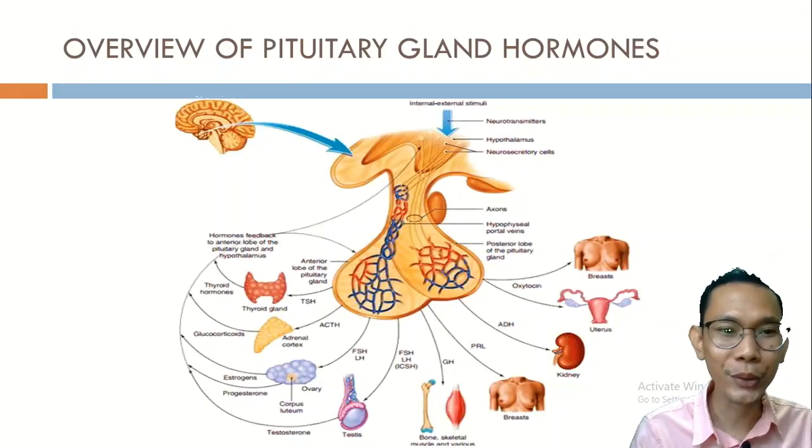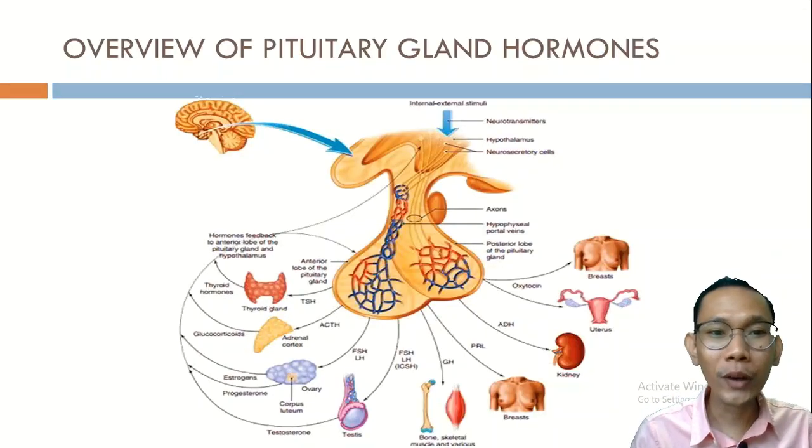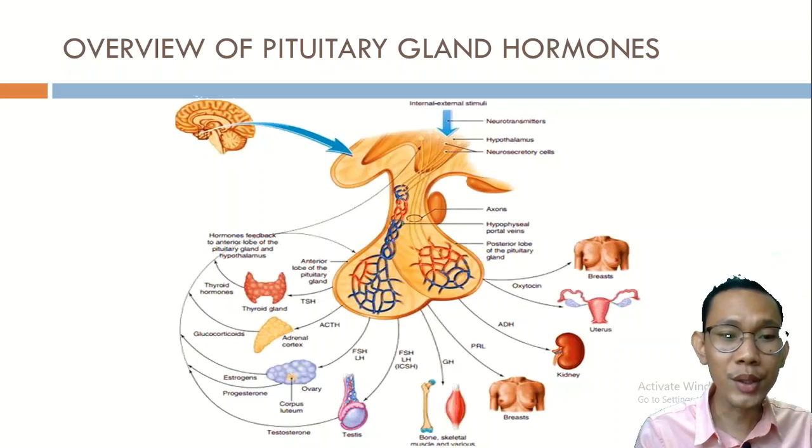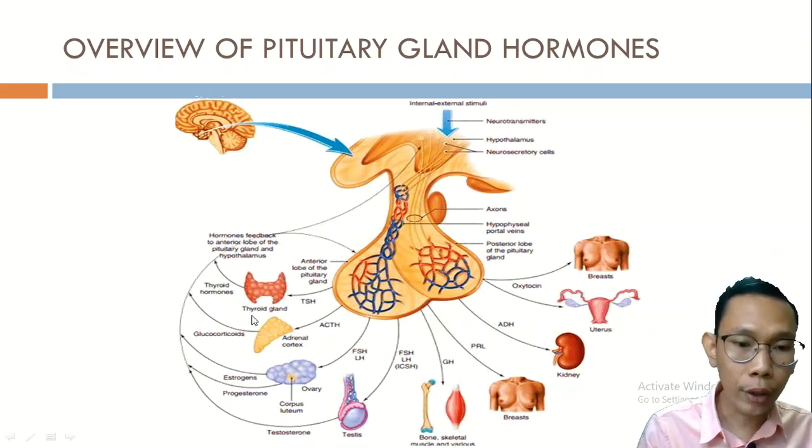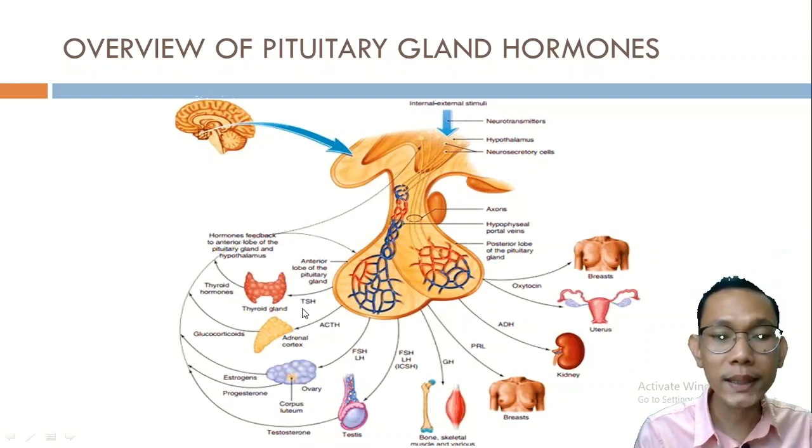Okay, let's continue. So now, this is our overview of your pituitary gland hormones. So these are the hormones being produced by your pituitary gland, in general. This is the anterior hormones. We have your TSH, which will stimulate your thyroid gland, kasi ang term niya is thyroid stimulating hormone. We have your ACTH, your adrenocorticotropic hormone, which stimulates your adrenal gland.